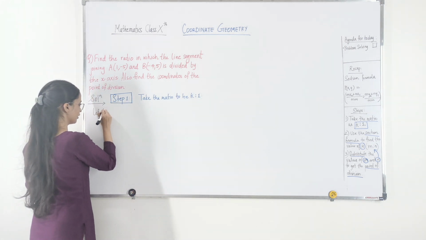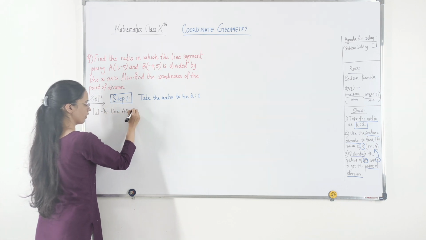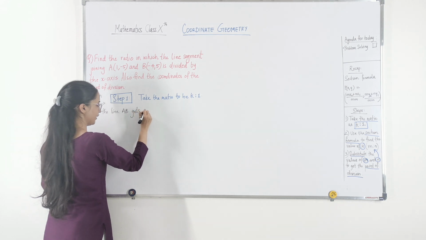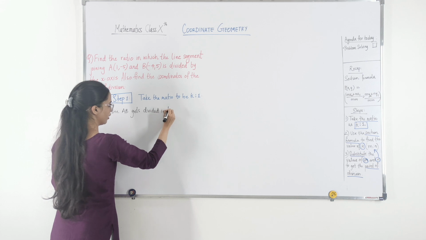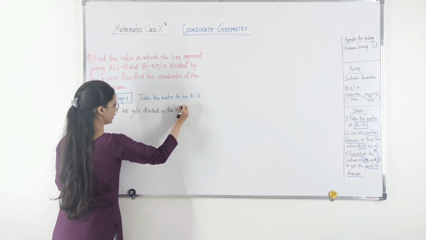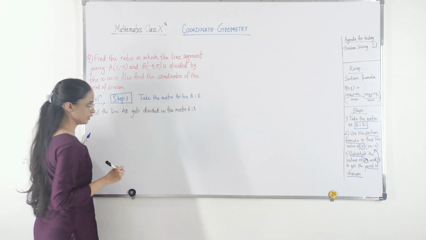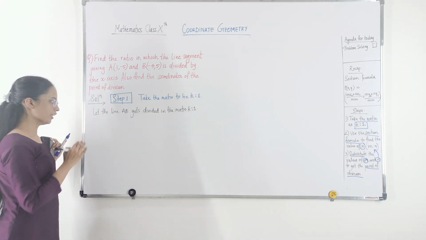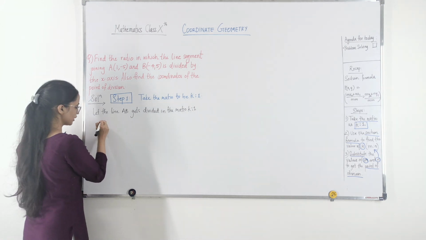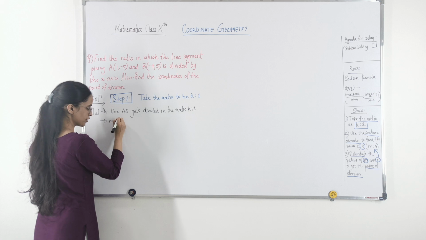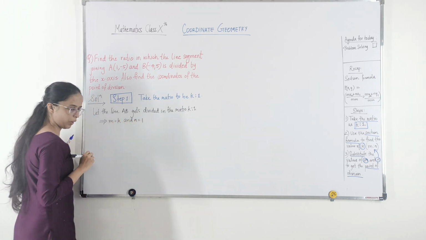So let the line AB get divided in the ratio k is to 1. This implies that m is equal to k and n equals 1.